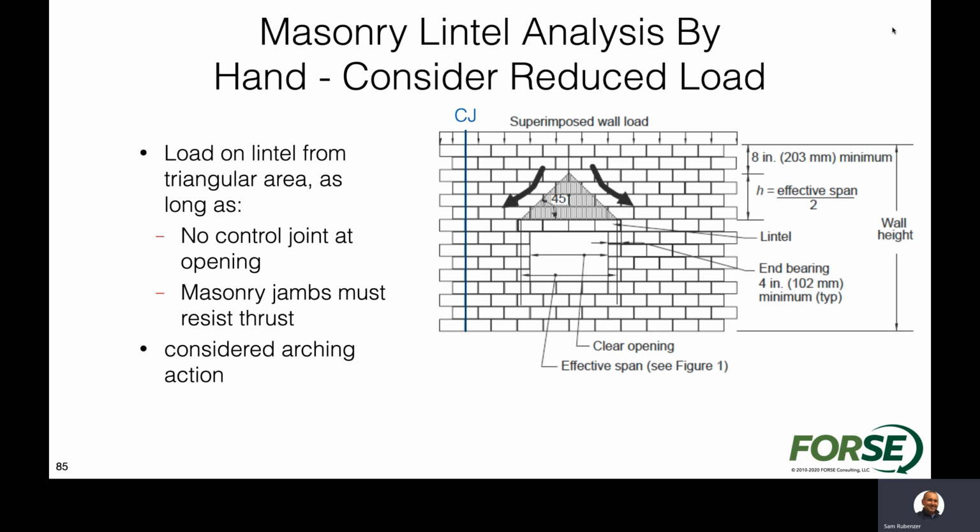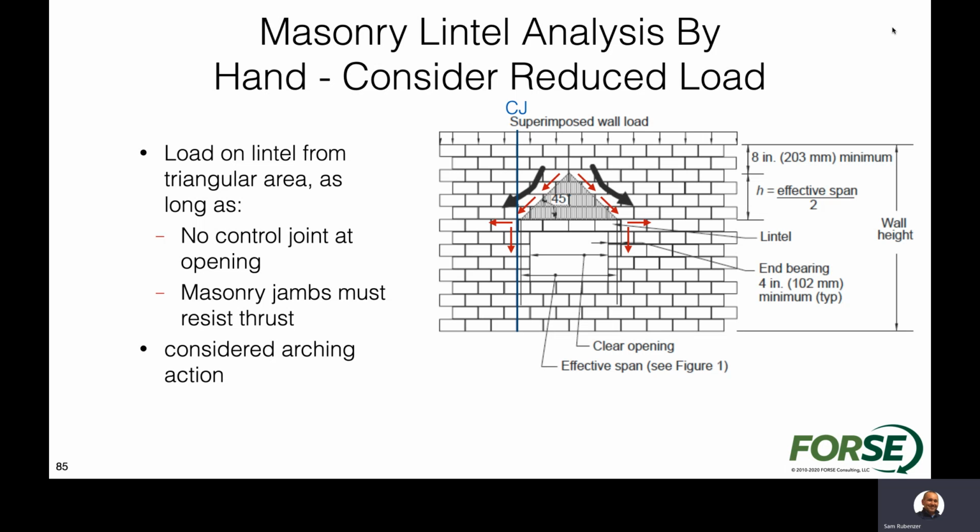So really what that means is, the control joints, we talked about the control joints in the last talk a little bit. We want to make sure that that control joint is not too close. We want to be able to have that arching that's going to come down and have a vertical and horizontal component, that horizontal thrust load. If we have a control joint that's close to the edge of the opening, then we're going to eliminate the ability for that thrust load to be transferred.